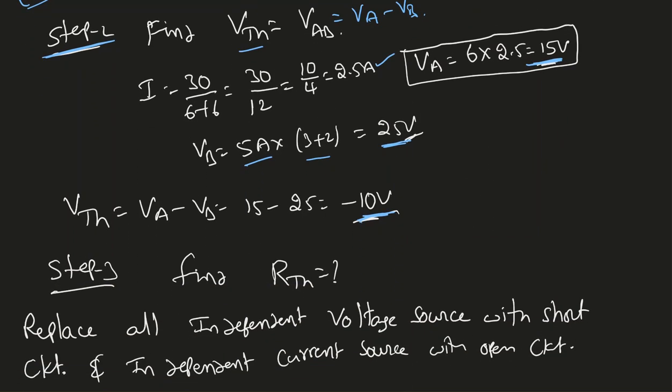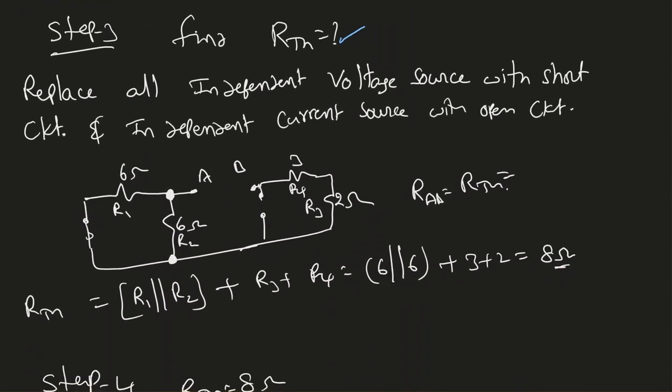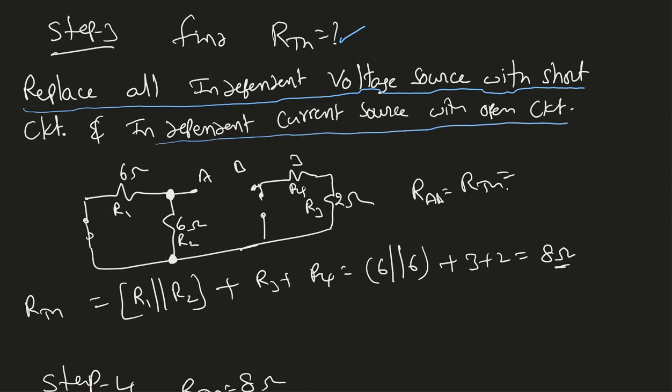Now step 3, find RThevenin. The important point while finding RThevenin: replace all independent voltage sources with a short circuit and independent current sources with an open circuit. Why do we need to replace them?